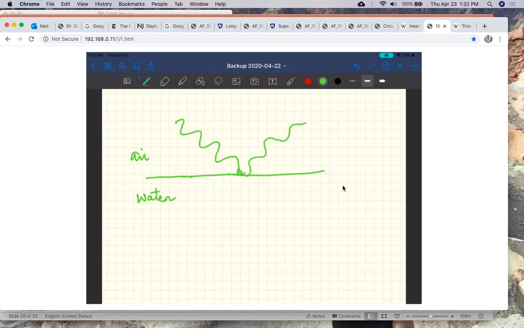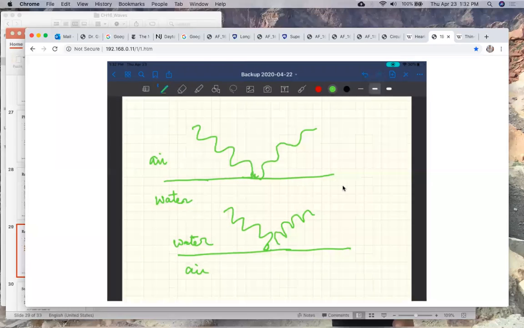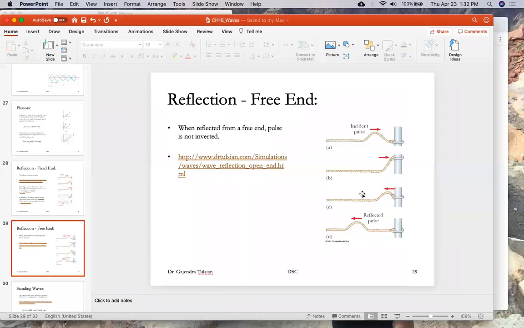Now, if on the other hand, a wave starts off in water and it's reflecting off the air interface, this positive pulse upon reflection will remain positive. So that example shows up in various places like that.